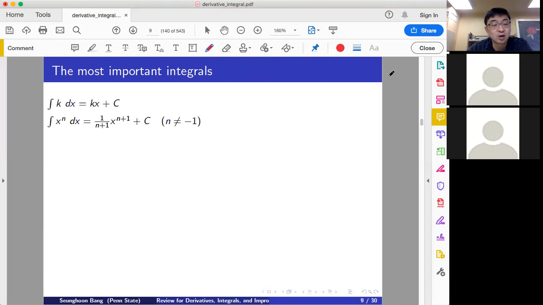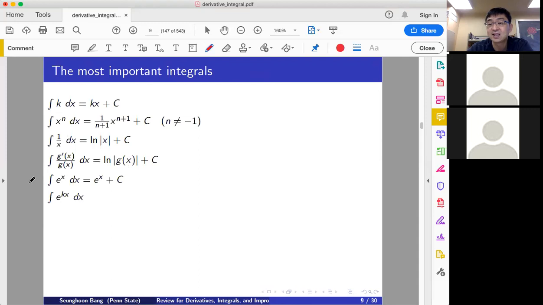For n equals minus 1, the integral of 1 over x dx gives ln of the absolute value of x. Really be careful with this one: absolute value of x plus c. The integral of g prime of x over g of x dx is ln of the absolute value of g of x plus c. The integral of e to the x dx is e to the x plus c. The integral of e to the kx dx is 1 over k times e to the kx plus c.